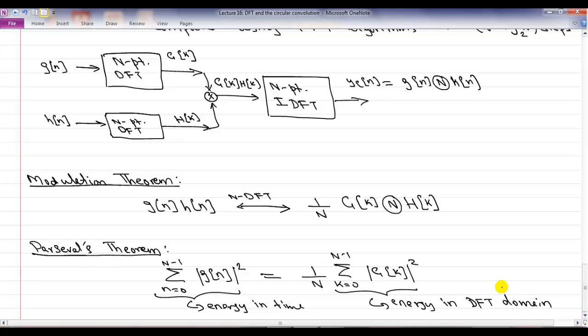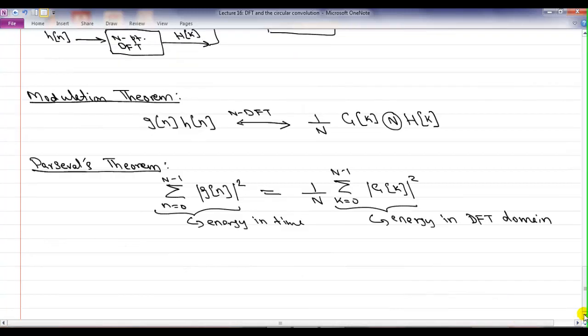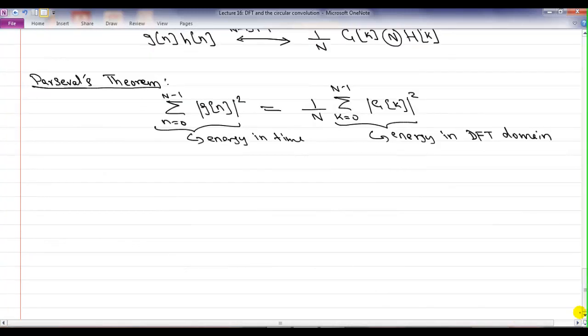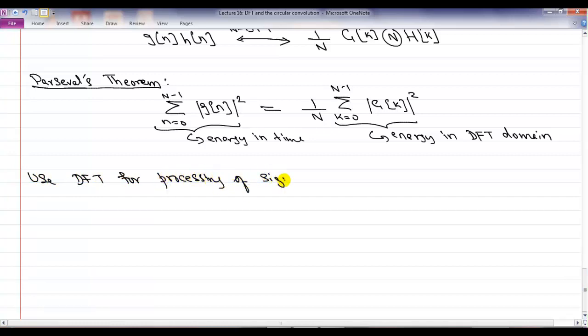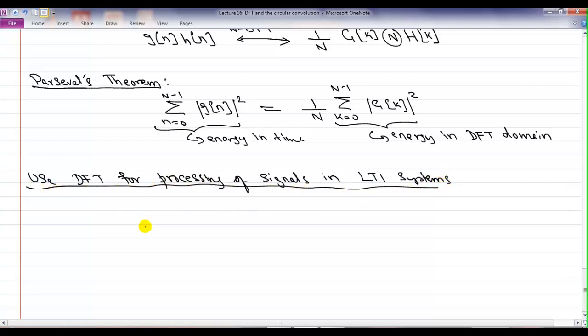The reason is because if we use the DFT for processing of LTI systems, then that can lead to much faster computation as opposed to using the linear convolution formula directly. So that is what we are going to discuss next, which is how to use the DFT for processing of signals in LTI systems.